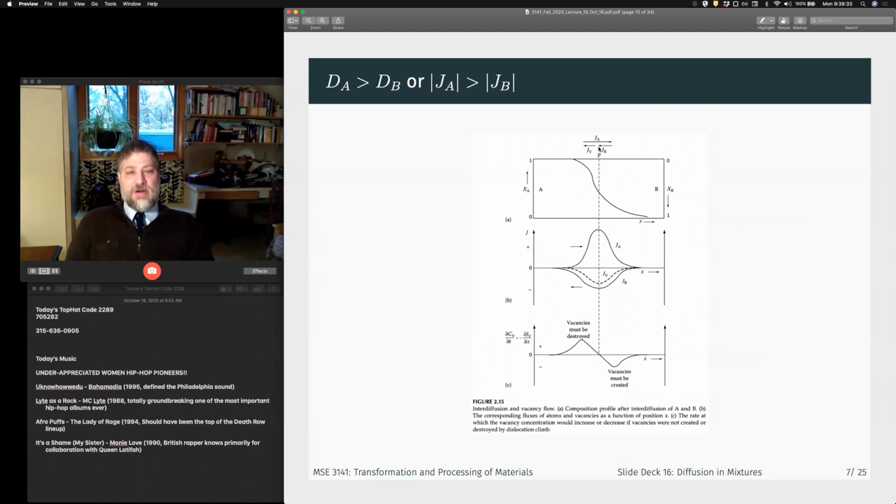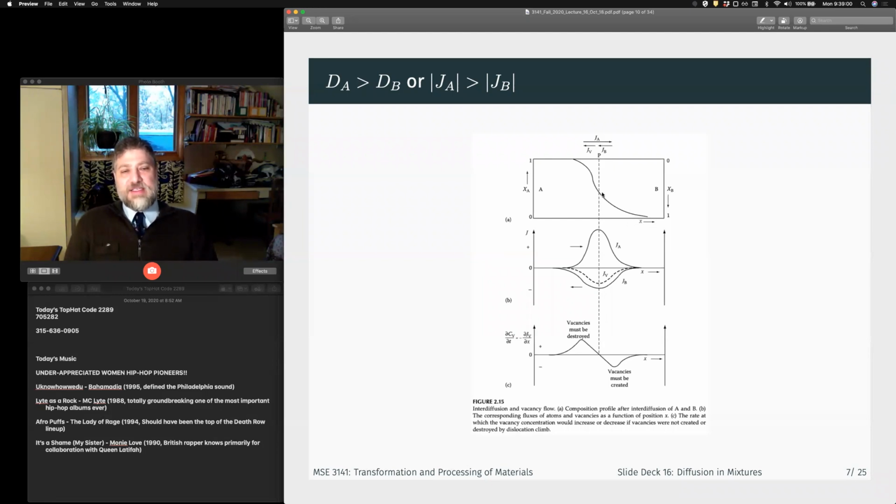And since my number of lattice sites doesn't change, my flux of B plus my flux of vacancies has to equal the negative flux of A. So if we look at this interface, we get an asymmetric concentration profile that develops, and it's not what we saw before.